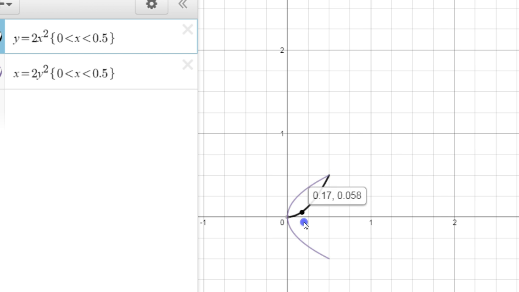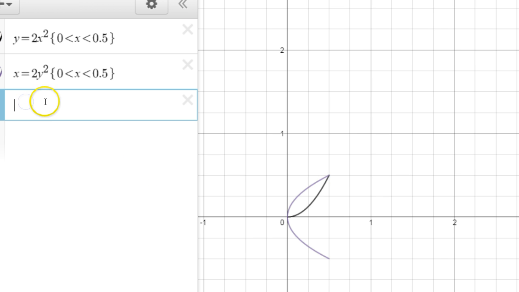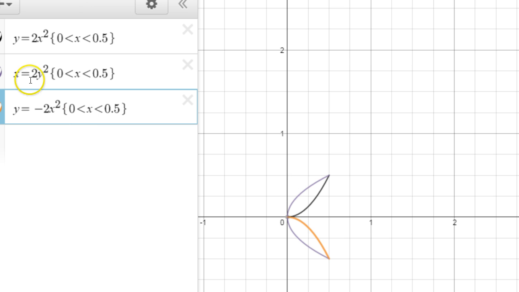Alright, so now as we're looking at this, let's take a look at the actual rotation. Okay, so y equals negative 2x squared, and let's make that 0 less than x, which is less than 0.5. There we go. Alright, so we're spinning this around the x-axis, and we're going to have it in terms of y.